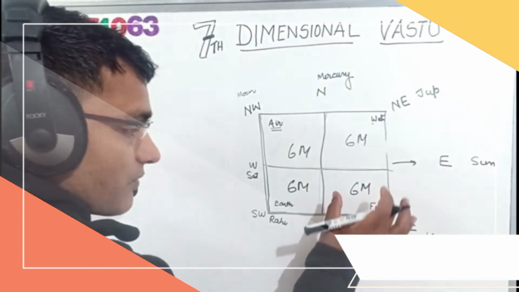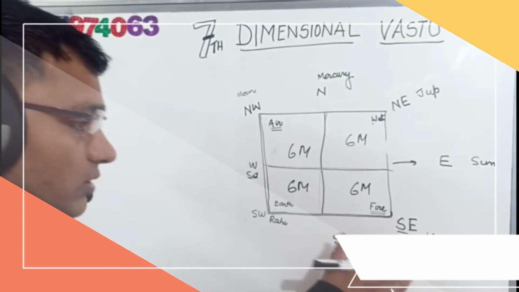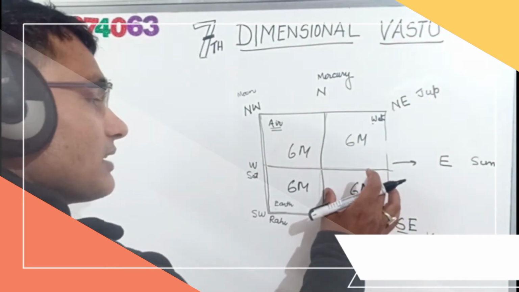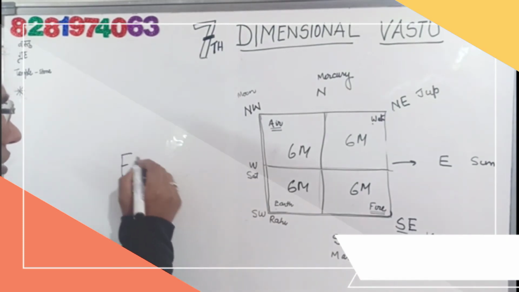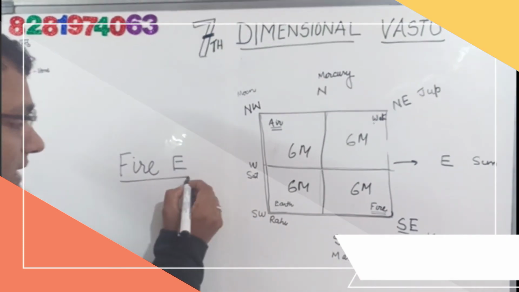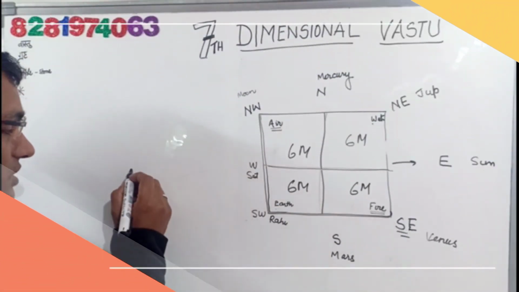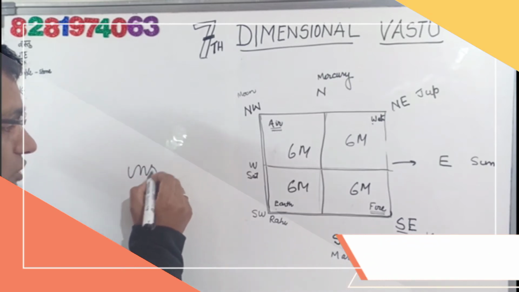If you stay in this fire corner, the Agni Kon, the southeast angle, there is more of a fire energy. What is this fire energy? It is very much an instant or instantaneous thought.